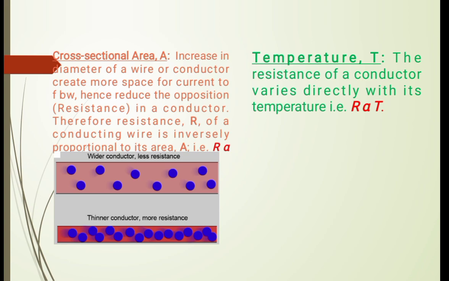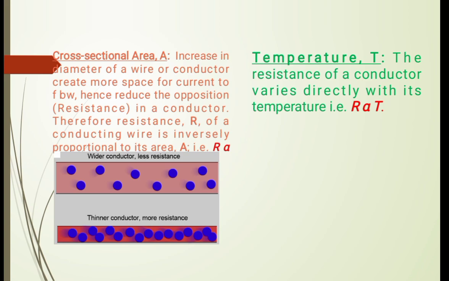So we can relate this with the resistance of both conductors, which means in a wider conductor we have less resistance, while in a thinner conductor we have more resistance. Mathematically, we can say the resistance of a conductor is inversely proportional to its area.